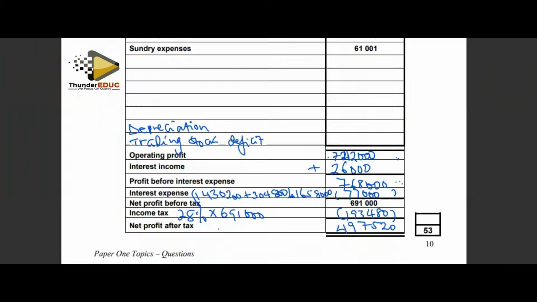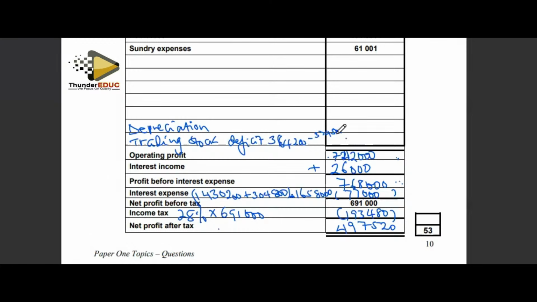So we come here to the trading stock deficit: 364,200, minus the end-of-year figure of 334,500.